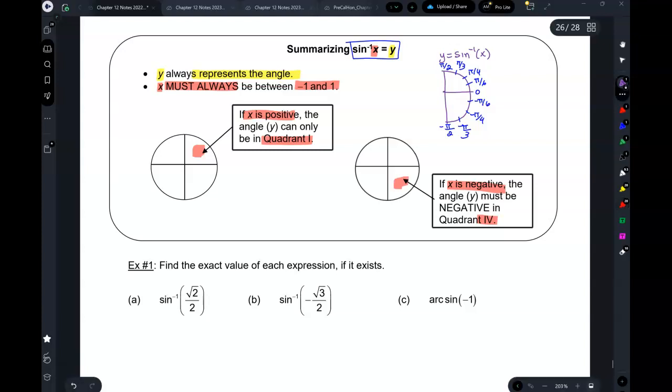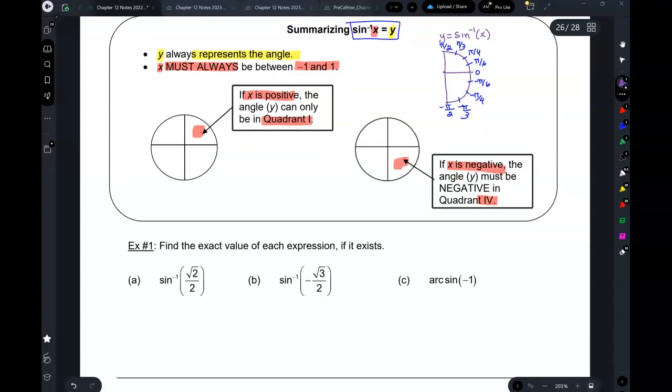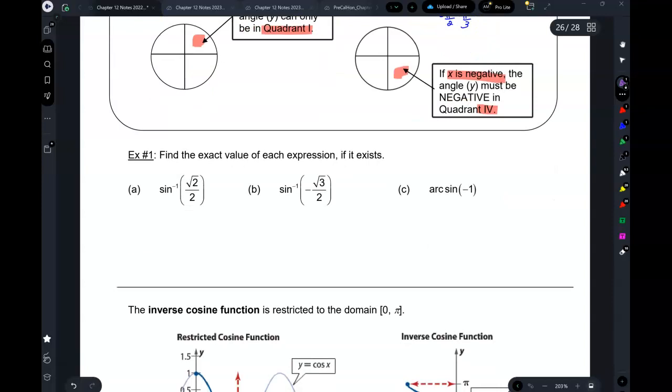So now, let's do one example here. Inverse sine of root 2 over 2. So basically what we want is the angle for which sine is root 2 over 2. Sine is the y value, right? So y value root 2 over 2.